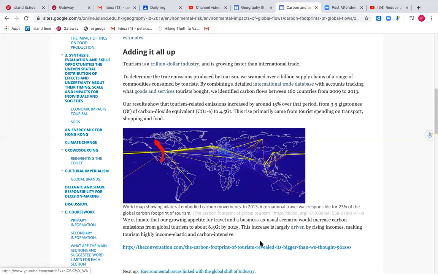So, barring a pandemic breakout, which we appear to be having at the moment with coronavirus, we can expect to see this industry growing even more and substantially each year. It's actually very hard to work out the carbon footprint, though, of tourism, and it really does depend how you measure it.